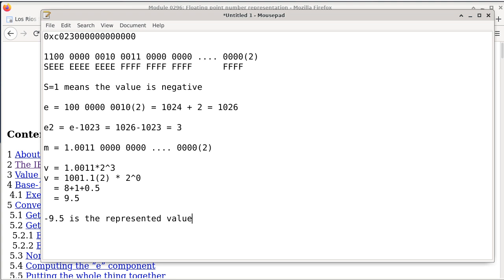Instead of using a signed representation, because we want the exponent of 2 to go positive and negative, the way that IEEE decided to do it is to use a biased representation. So that means if the E bits are all zeros, the actual exponent of 2 is negative 1023, because it's offset by 1023.